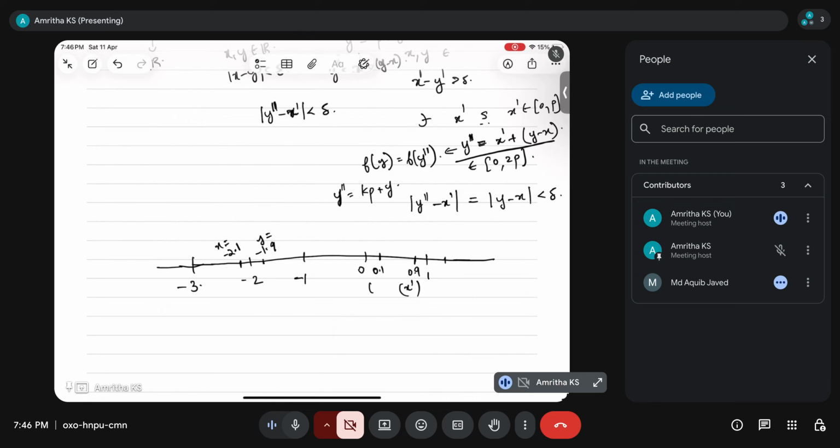This is my y dash. So here what happens is this distance can be greater than delta. Suppose delta equals 0.1. Now I take y double dash to be this, 1.1, right? That means I am adding p. Or I just take y double dash to be x dash plus this distance. It is just the same.